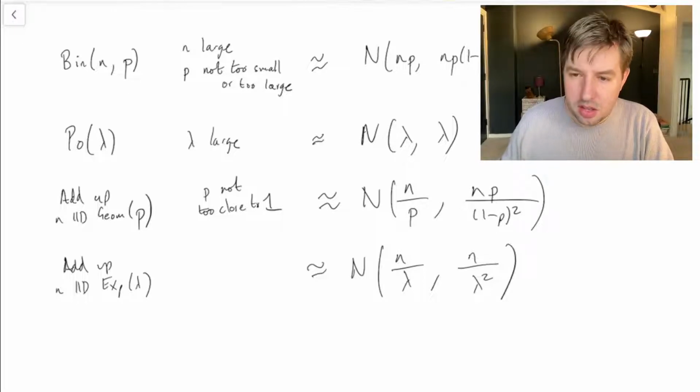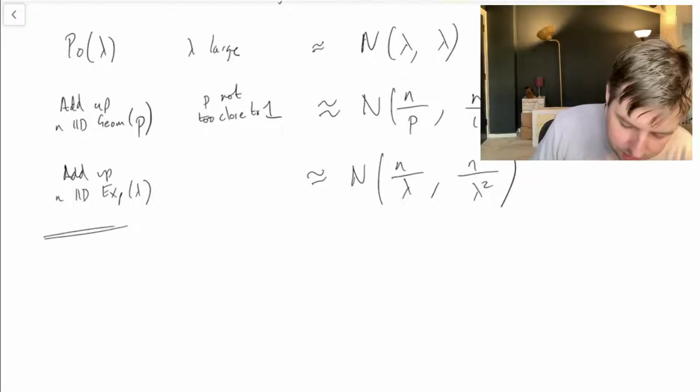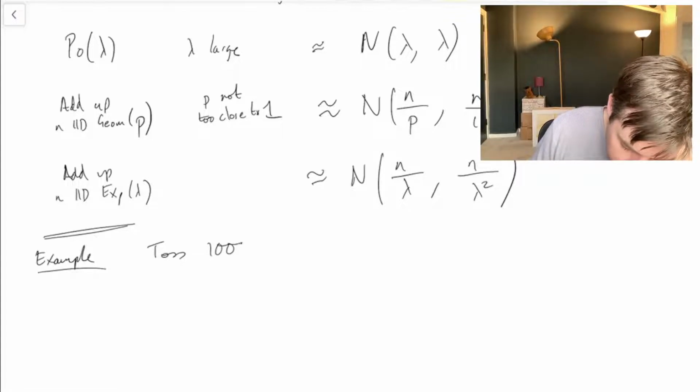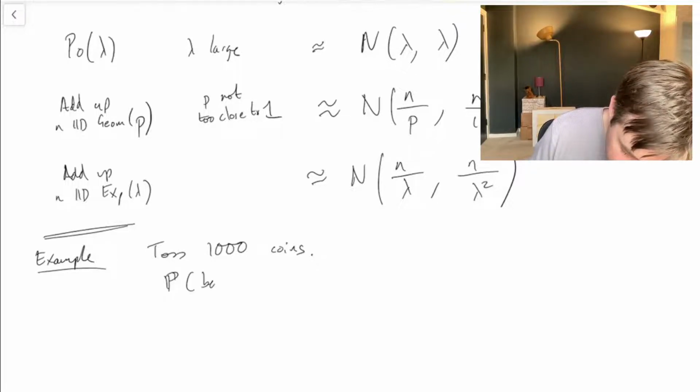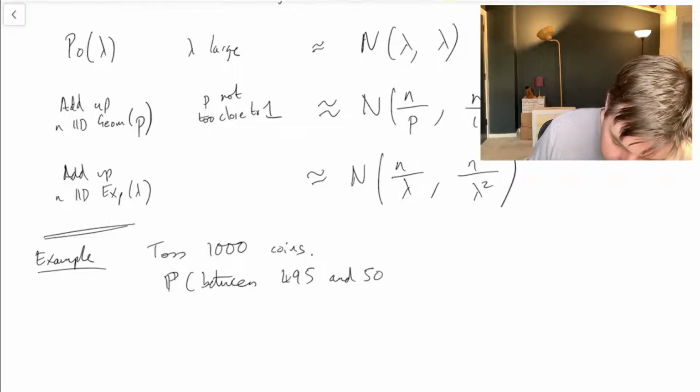So I thought we'd give an example of how to do this. Suppose I toss 1,000 coins. What's the probability I get between 495 and 505 heads?